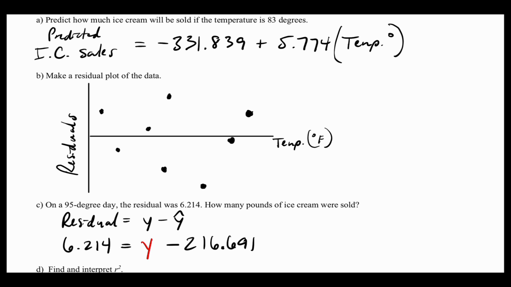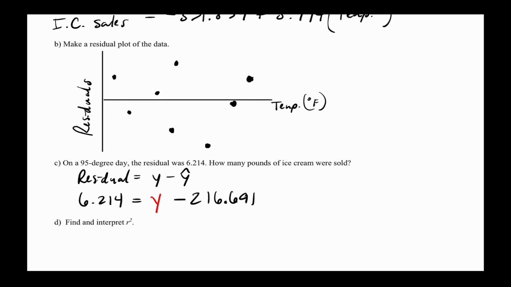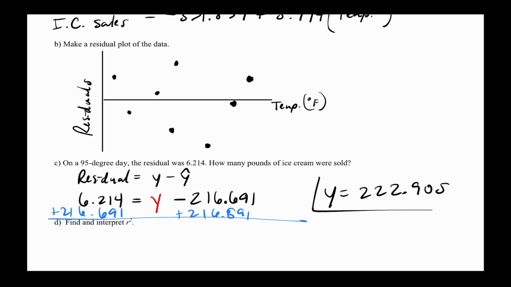How did I get that? I plugged it into the equation that I got for A. Solve for y. Add 216.691 plus 6.214, and you got your answer: 222.905.